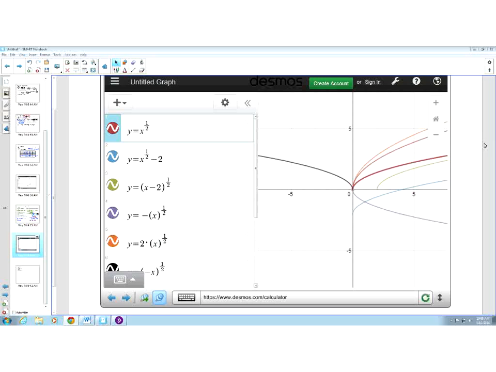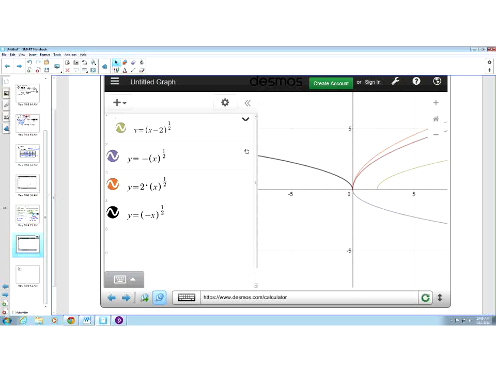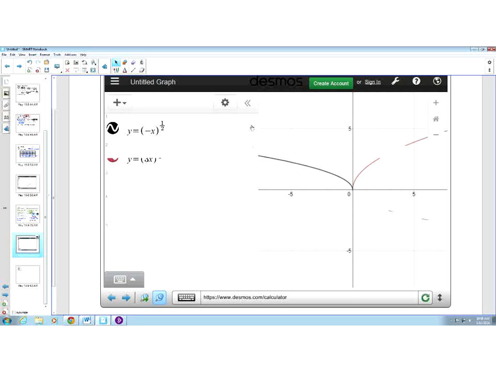Bear with me, I'm hunting for another picture. Okay, so let me delete these graphs, and we'll talk about taking the absolute value of a function, something we'll do a lot in this class.